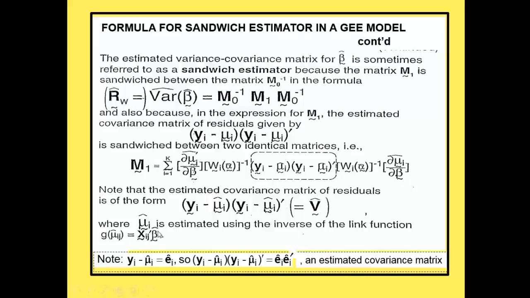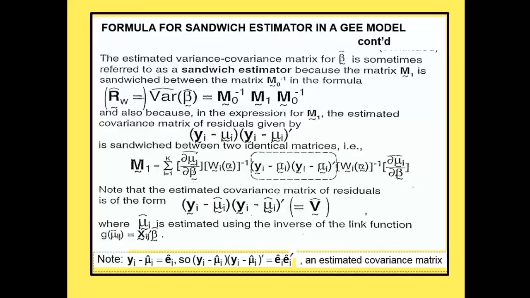So the M1 part involves an estimate of the correlation structure that doesn't consider the working correlation structure, which you might say is an estimate of the true correlation structure. That's why the M1 part in this formula allows you to correct for the fact that you can put something in here that considers what the true correlation structure is. That's all I'm saying, okay?